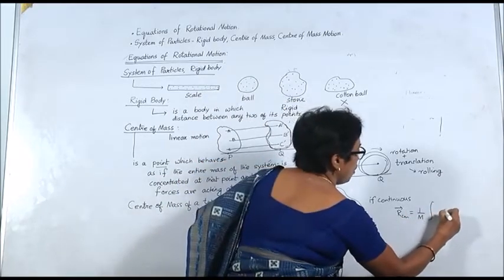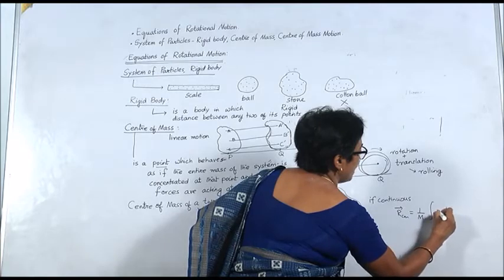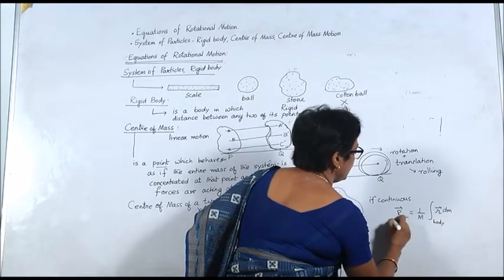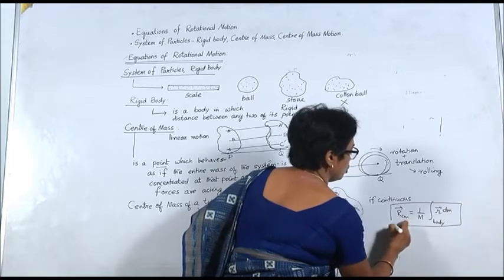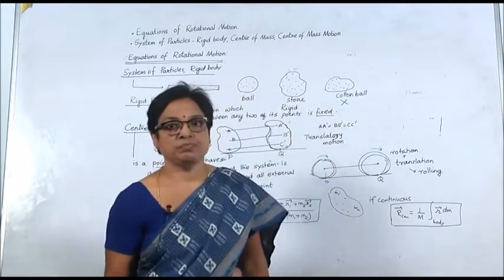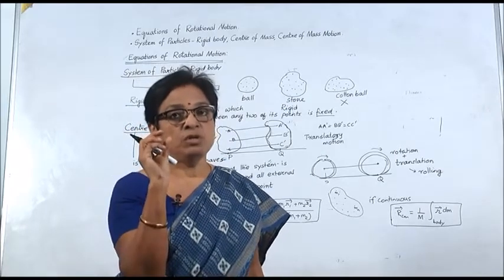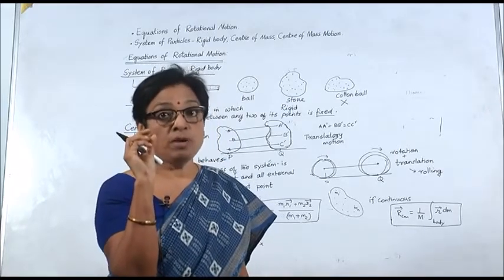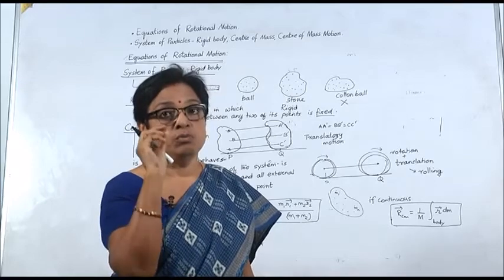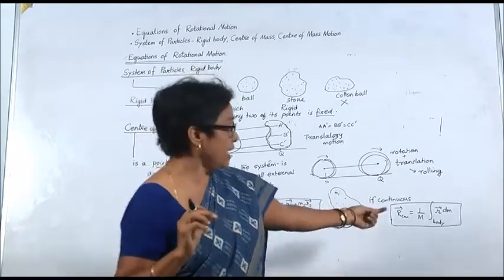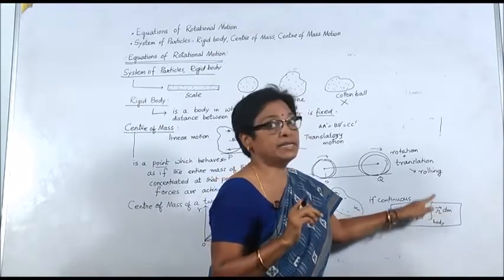If the small mass dm is at r, then we integrate it over the entire body, and this is the definition of center of mass. So, we have to integrate. You have to write dm, the mass of the element whose position vector is r. That value you have to write and then integrate.